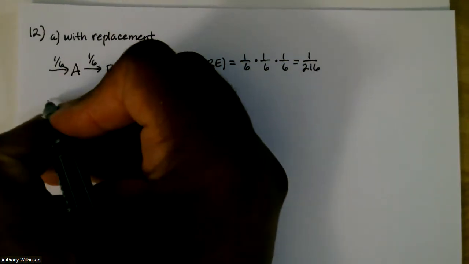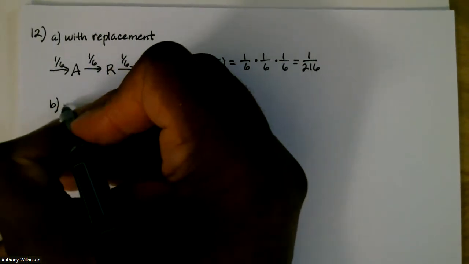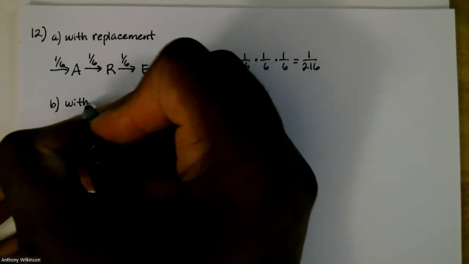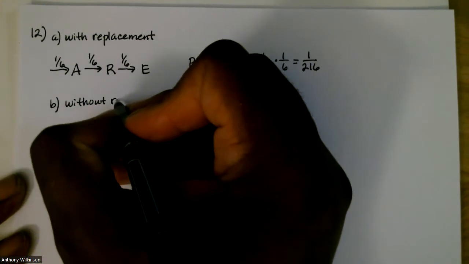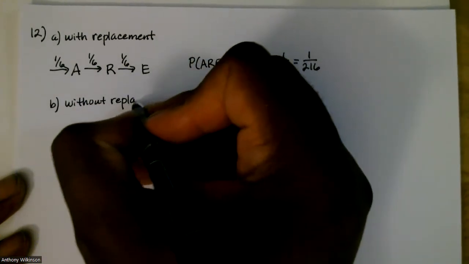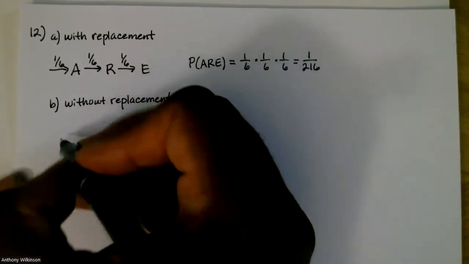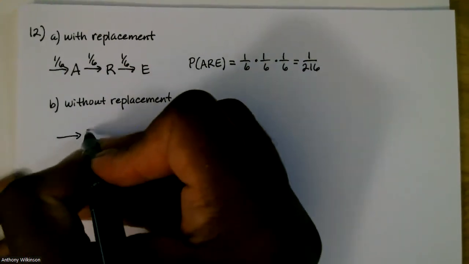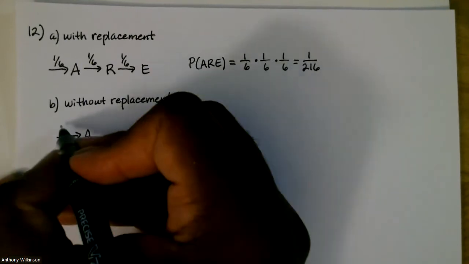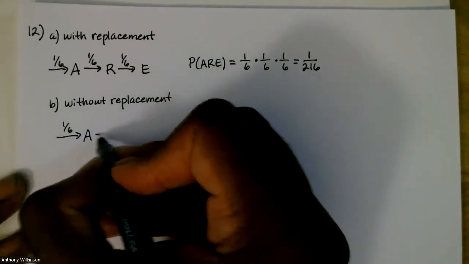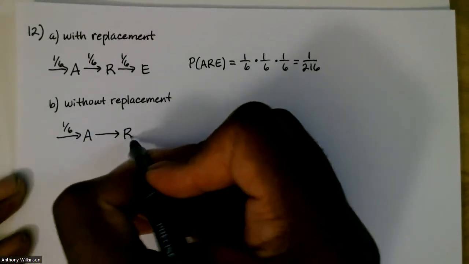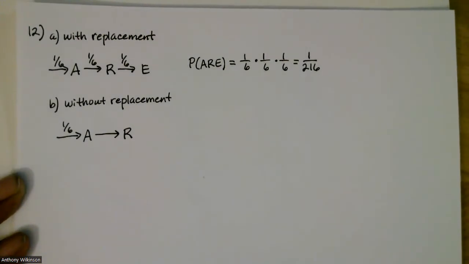Okay, part B, without replacement. So after the first pick, the probability of drawing an A will be 1/6, but for drawing an R, I'm not going to have 6 letters.